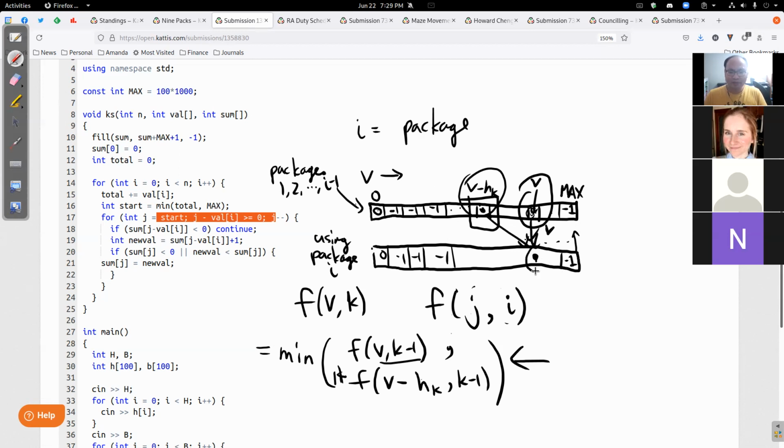Well, if I'm trying to overwrite this entry, I need to look at these two. If I try to overwrite this entry, I need to look at these two, and so on. I'm always looking at things at either the same index or to my left. I will never look at things to the right.